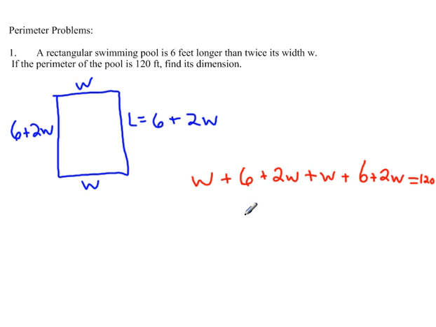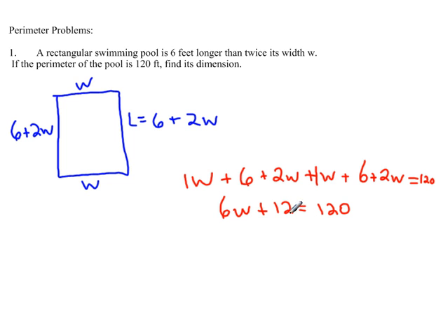Now what we want to do is collect our like terms. So recall that these numbers in front of the W's are 1. So I've got 1W plus 2W is 3W, plus 1 more W is 4W, plus 2 more gives me 6W. Then I've got numbers. Plus 6 gives me plus 12 equals 120.